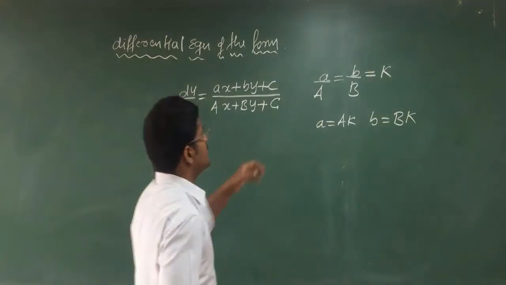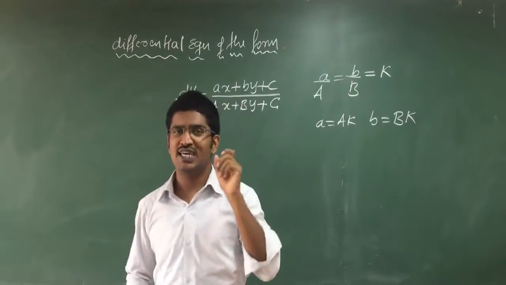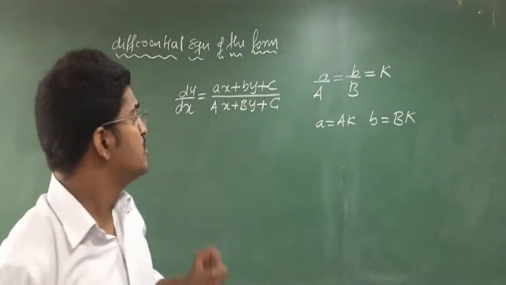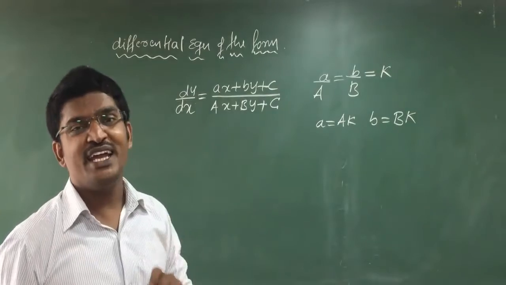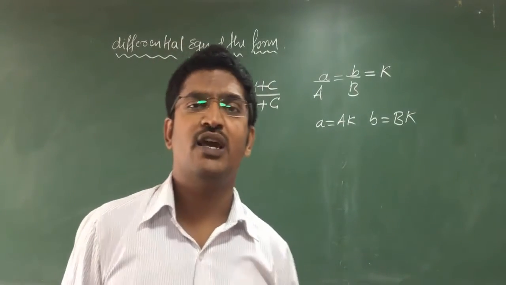Clear? So that is a by A is equal to b by B, that must be equal to k. Are you getting my point? So small a is equal to capital A into k, small b is equal to capital B into k. Are you getting my point?